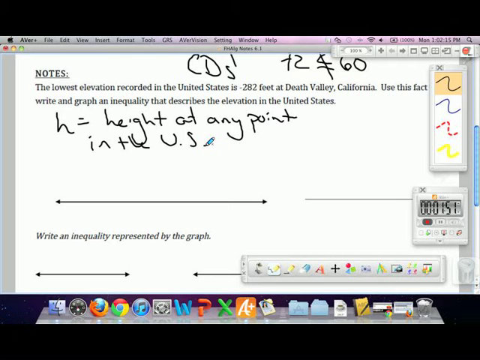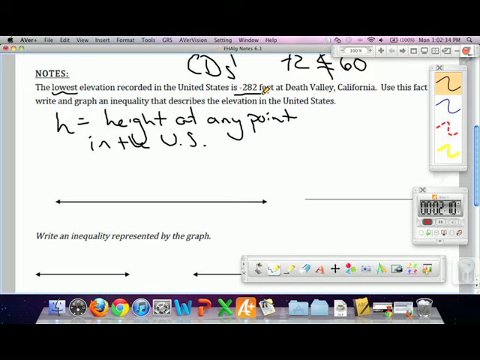The lowest recorded is what? Death Valley. Negative 282 feet. So if the lowest is negative 282, will we ever get below negative 282? No. So that means this is the minimum value, the smallest value.